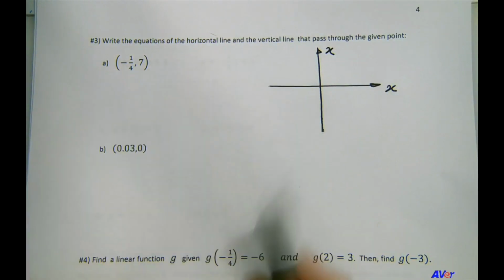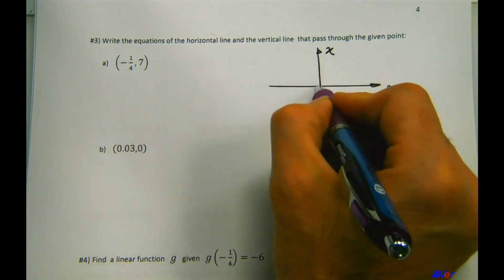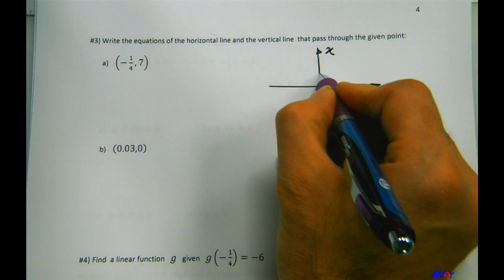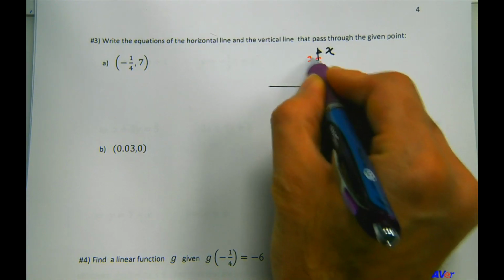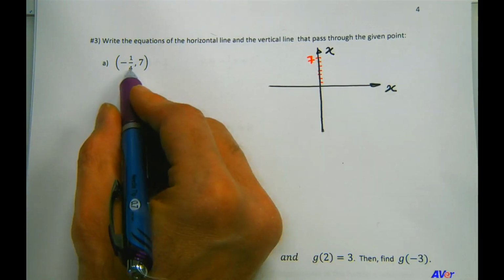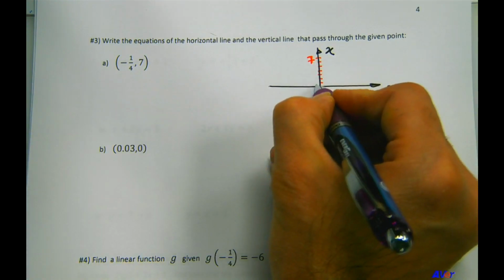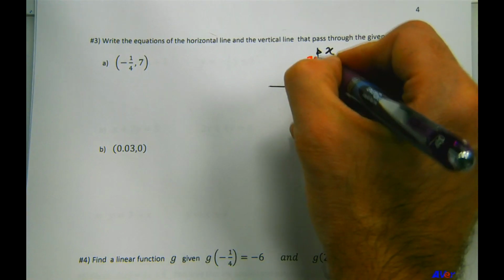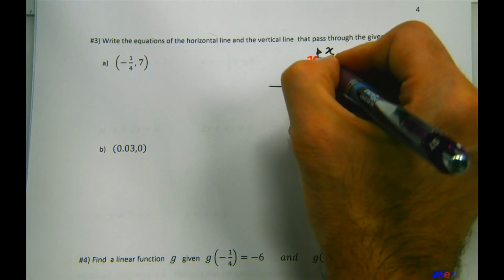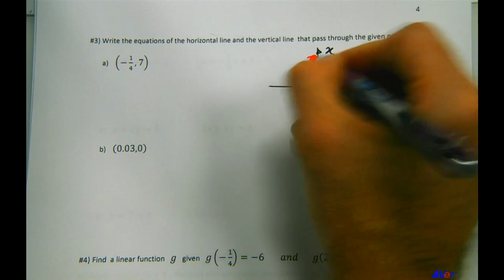Right? And it says, let's plot this point. So minus 1/4, 7. If we have 1, 2, 3, 4, 5, 6, 7, and minus 1/4, so if that's 1, minus 1/4 will be some point here. Let me actually cover that.